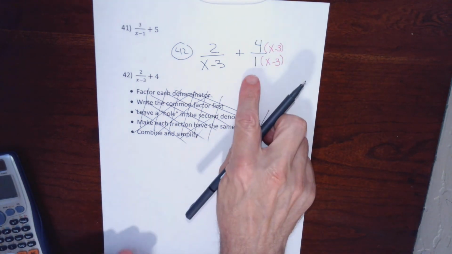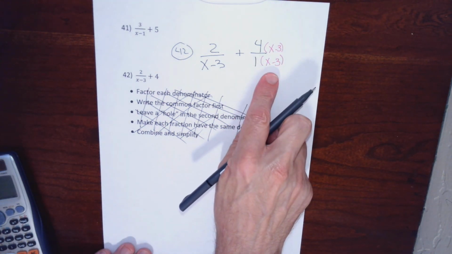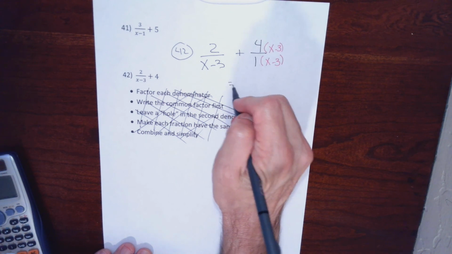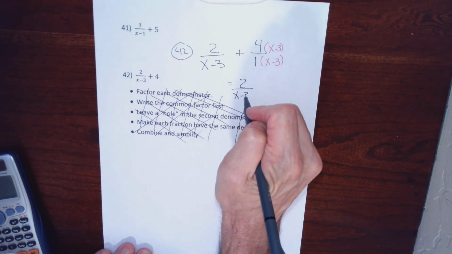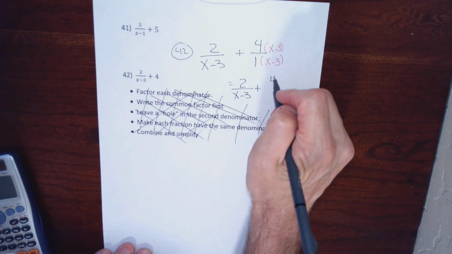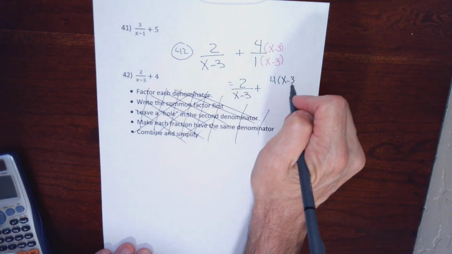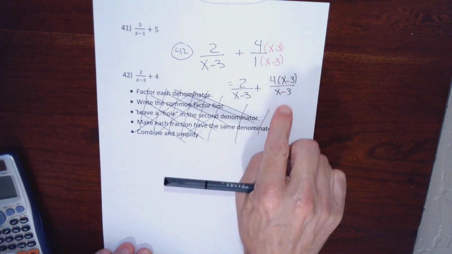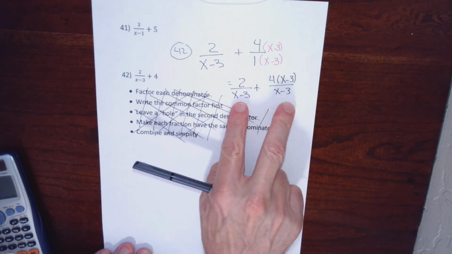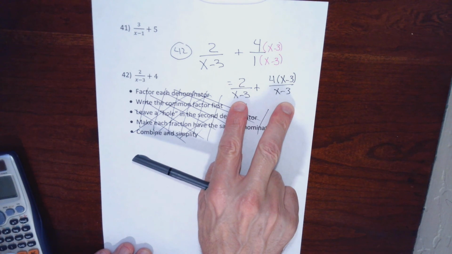This right denominator, 1 times x minus 3, is just x minus 3. So really what I have now is 2 over x minus 3 plus 4 times x minus 3 over x minus 3, because this 1 times x minus 3 is just x minus 3. I've made the two fractions have the same denominator.